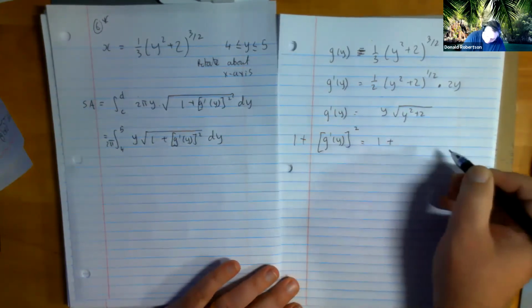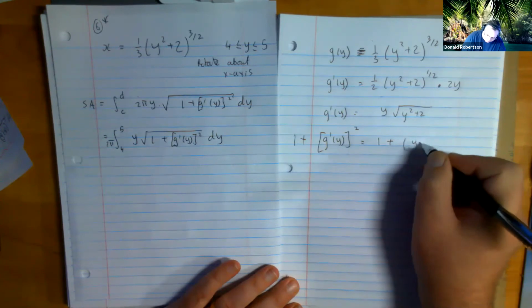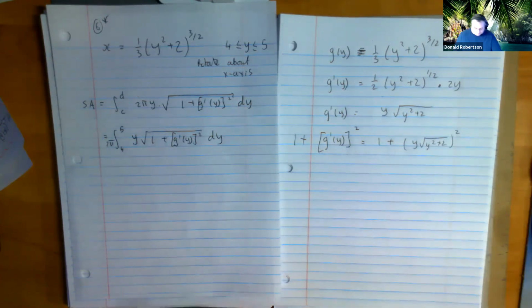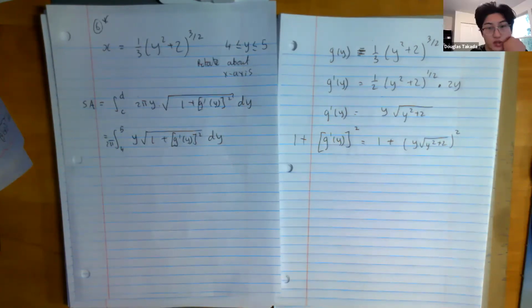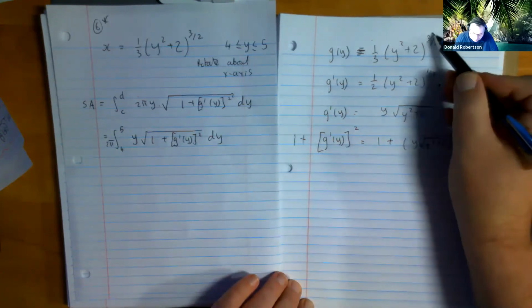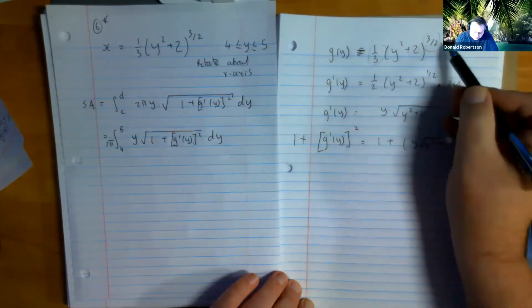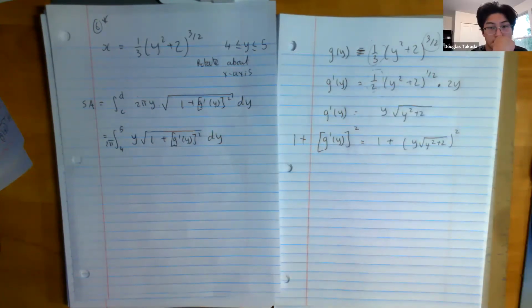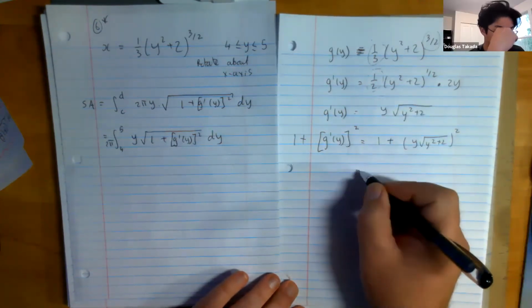And it's going to be 1 plus this guy squared. Where did the 1/3 go? It got multiplied by the 2/3 and cancelled down to a half. Okay, thanks. So what do I get?